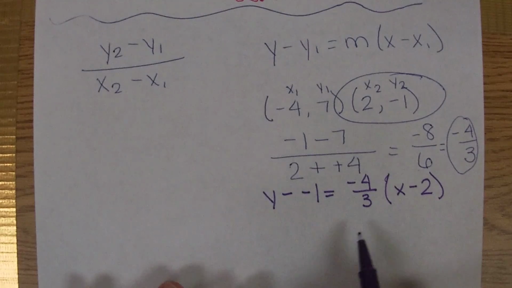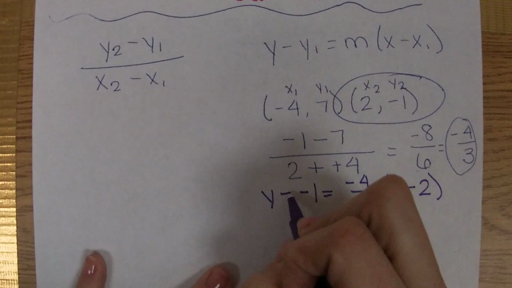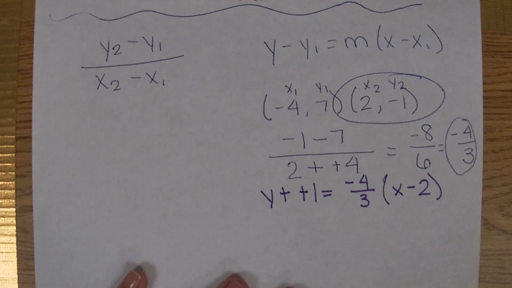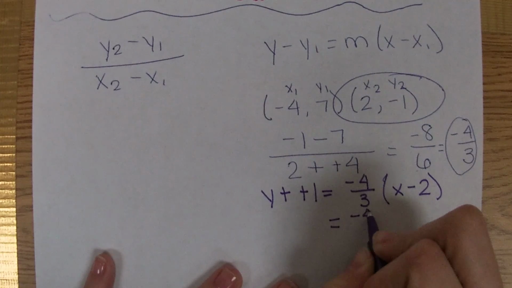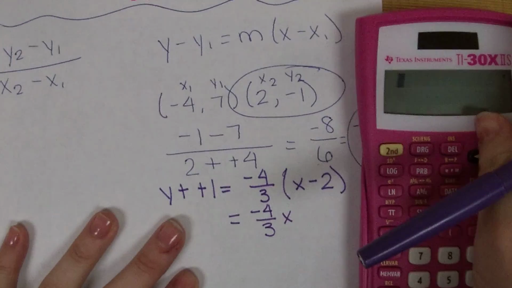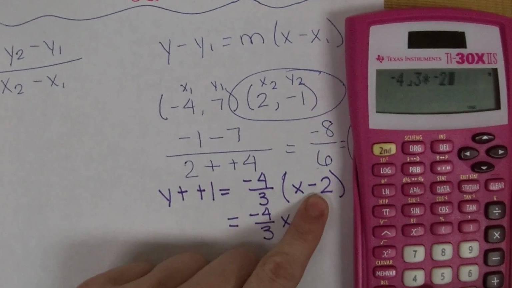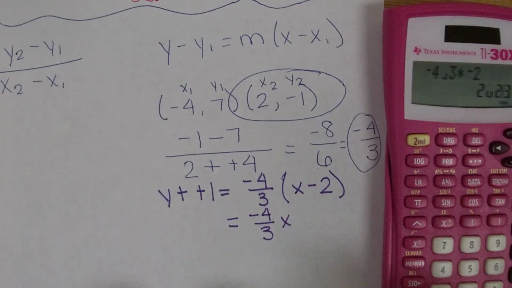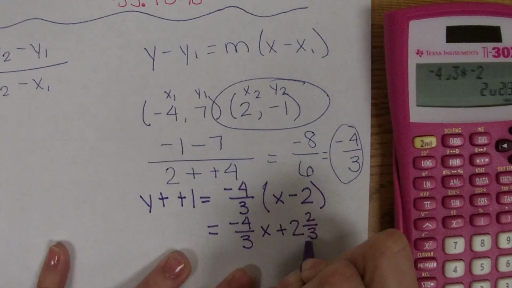Again, if you want more detail and explanation, go back to Friday and watch that video. We'll turn those 2 negatives into a positive, and we'll start distributing. So -4/3 x. Again, here you can just use your calculator. -4/3 times -2 gives us a positive 2 2/3.